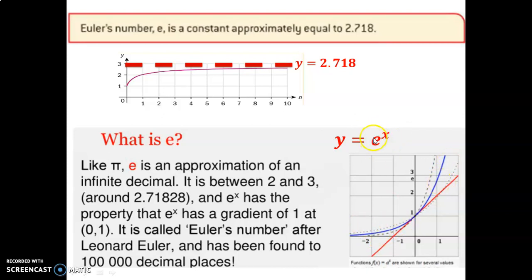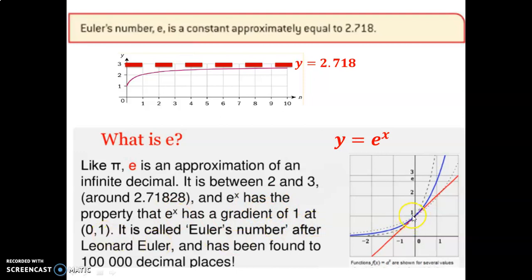But the interesting thing about this one in particular is this, and this is where it's going to bring us back to calculus soon. So like pi, e is an approximation of an infinite decimal. It is between 2 and 3, and it is around this value. We already saw that. And e to the x, so this power function, has the property that e to the x has a gradient, which means slope, of 1 at 0, 1.